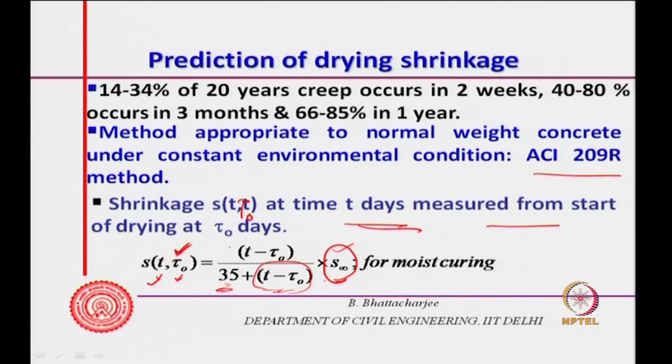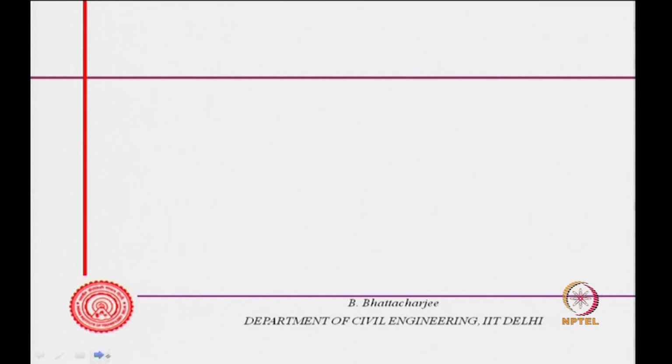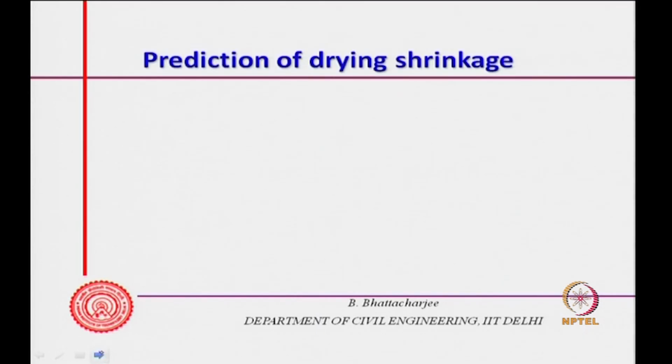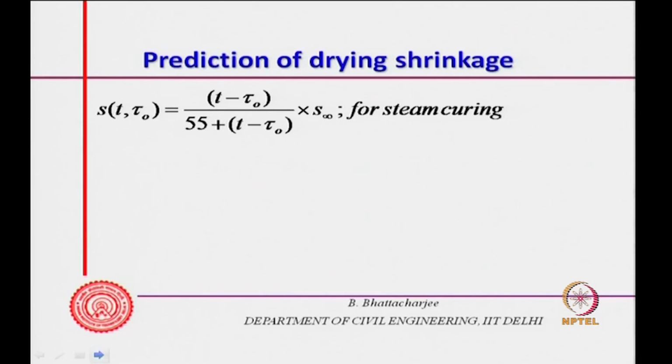So, this is the ultimate shrinkage for moist curing. But if it is any other condition, the formula will change. For steam curing, this value is 55. In other words, in the initial early days, when this is small, shrinkage is relatively lesser, because this value is higher.